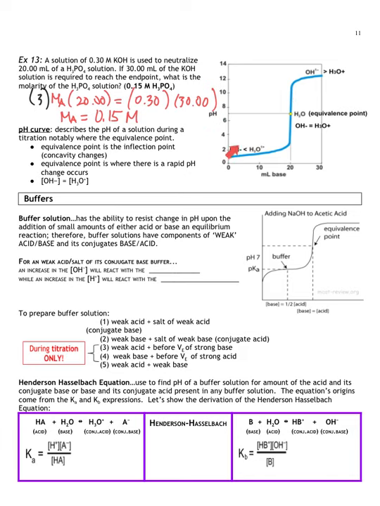And when that occurs, we also know that at that point, the hydroxide ion is equal to the hydronium ions. So that is what we're seeing for what is called the equivalence point.